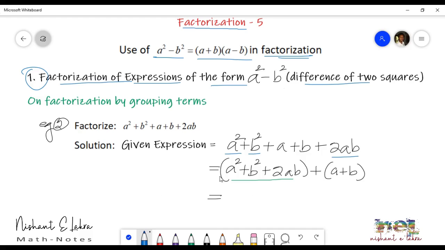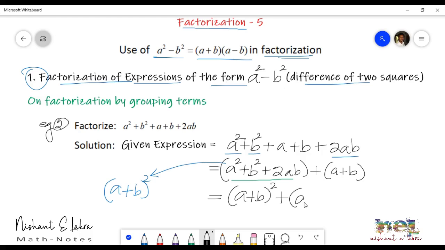This is the expansion of a plus b whole square. It's quite easy once you know the expansions. So we'll replace the expansion with a plus b whole square plus a plus b.